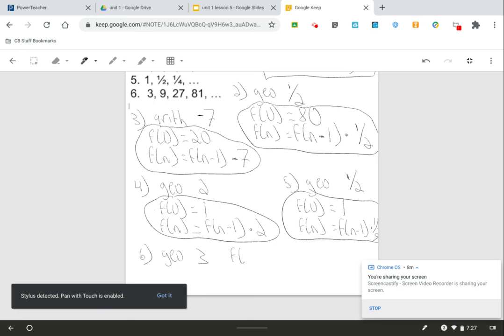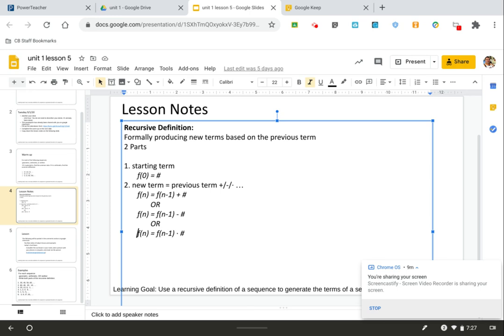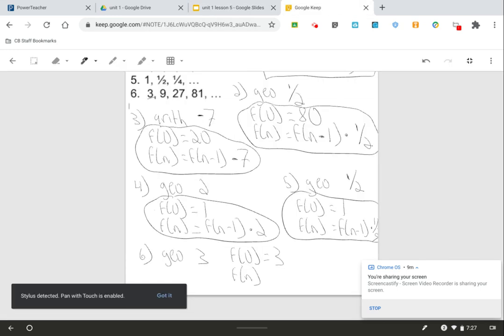My f of 0, my starting term, is 3. When we write the second part, I messed up there. We're going to use this one right here: f of n equals f of n minus 1 times 3, because our pattern is to multiply by 3 every time.